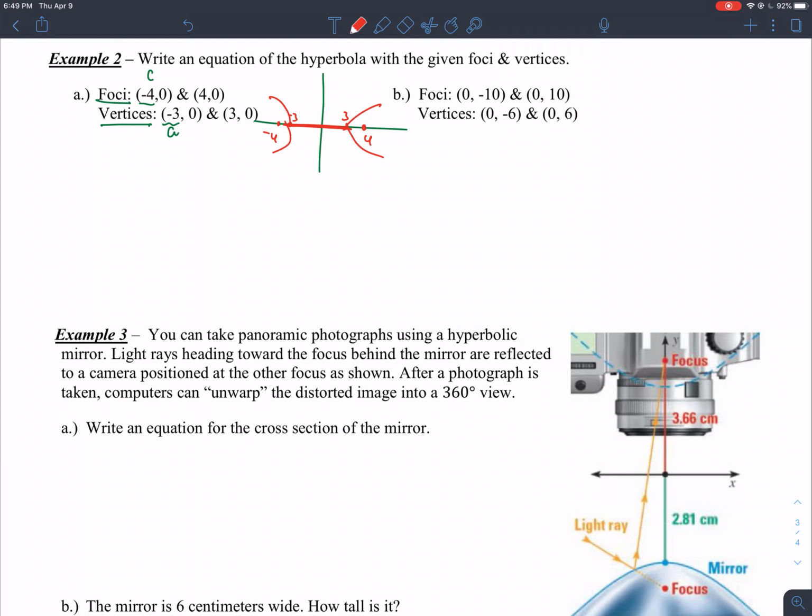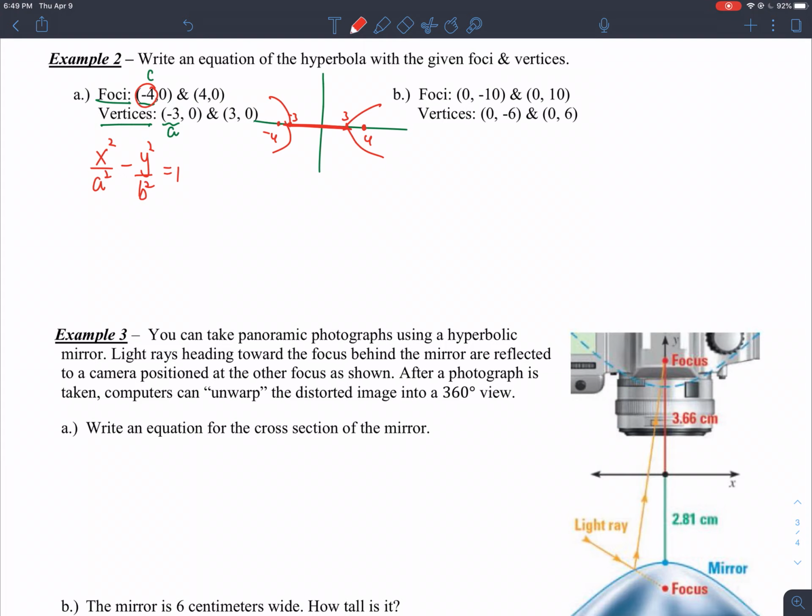This picture is ugly, but that's okay because I'm not really trying to draw it. I'm just trying to answer the question. So I know it goes horizontally at this point because these are x coordinates. Therefore, I know this is the kind of equation I'm going to have for my hyperbola.